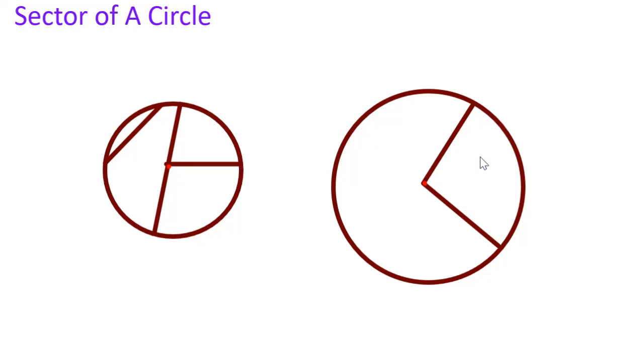If I think one way, I can say that this part is enclosed by, this is one radius, this is another radius. I can say that this part is enclosed by the two radii drawn. This enclosed part is called sector.